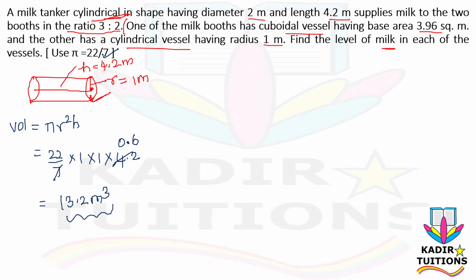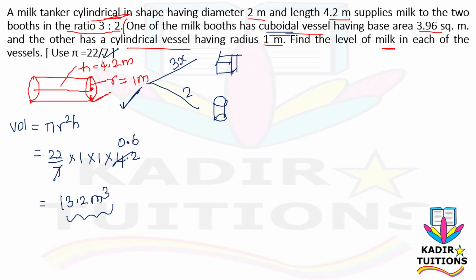Now this milk tank is going to supply the milk to two booths. One booth has a cuboidal vessel and the other booth has a cylindrical vessel. It is going to supply three parts of the total volume to the cuboidal vessel and two parts of the total volume to the cylindrical vessel.